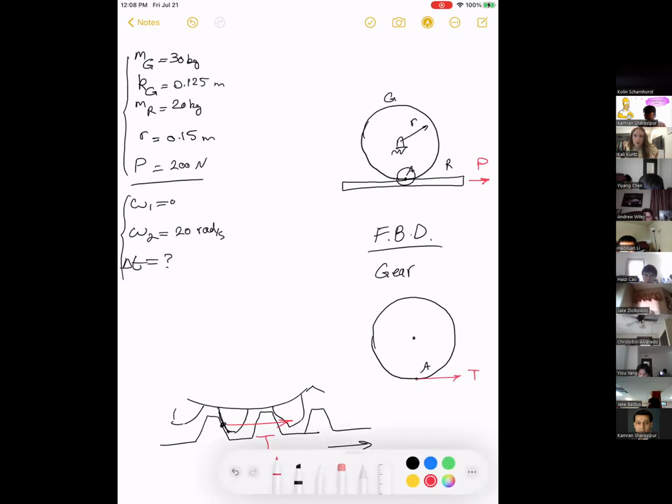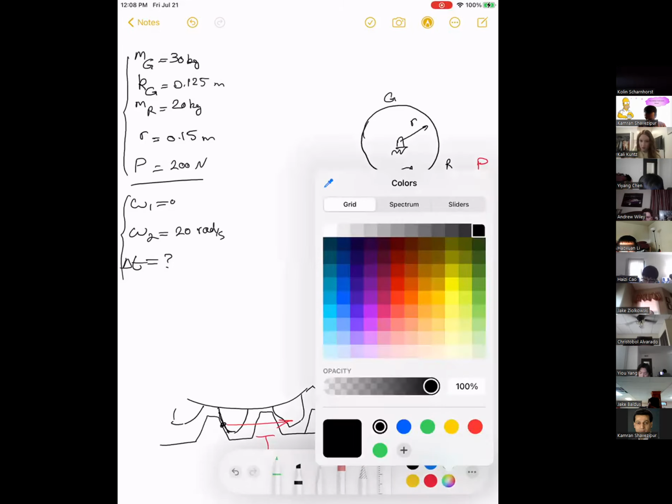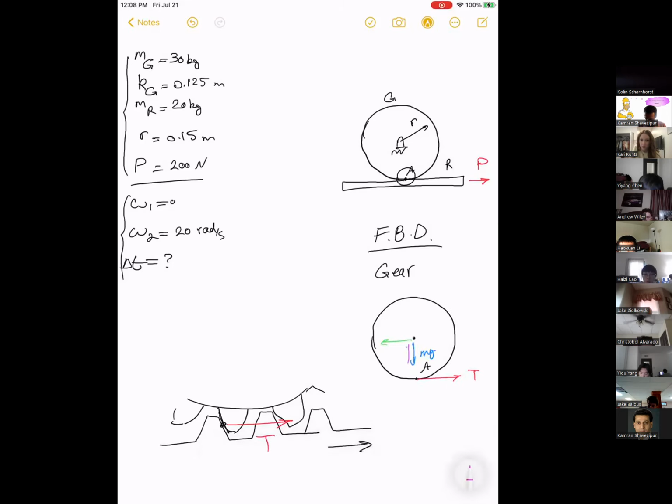Of course, we're going to have reaction forces here. We're going to have mg and another reaction force going up. So you have Ry and Rx, mg, and T. Do you have any other force?